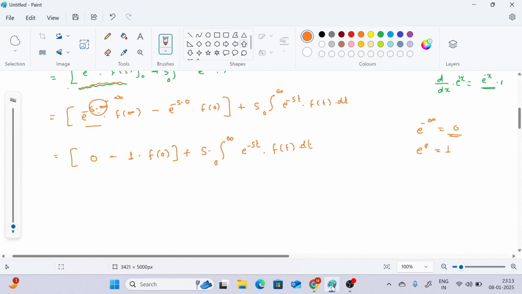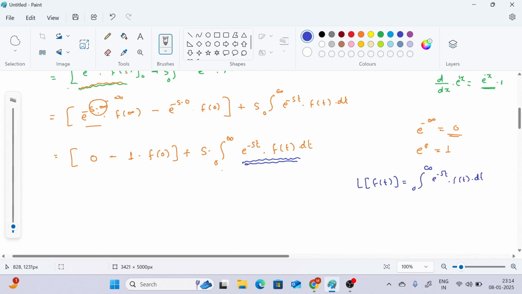Now, if you observe this term very carefully, what do you get? Just see what this term is. If you remember, this is the formula of Laplace. This is the formula of Laplace.